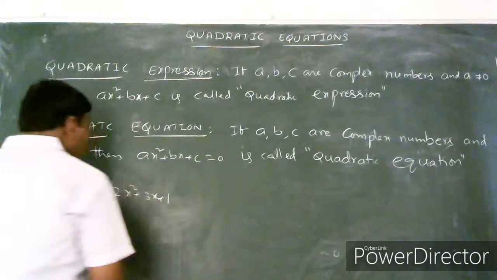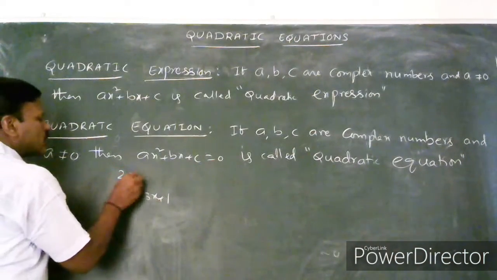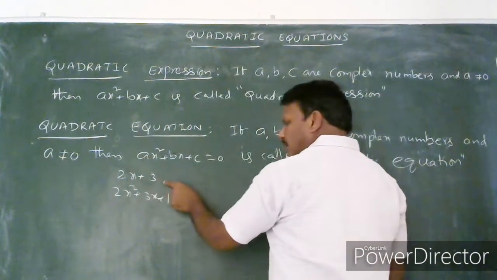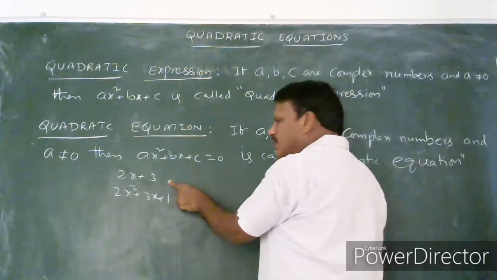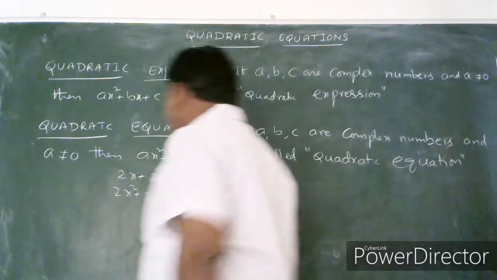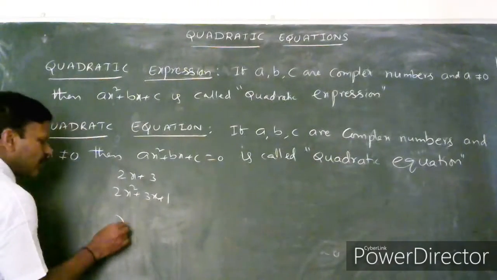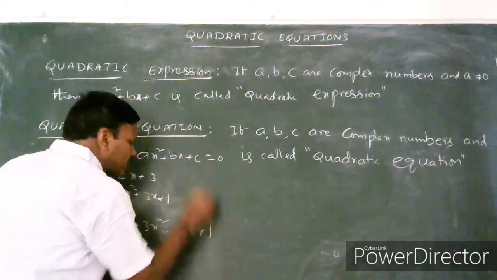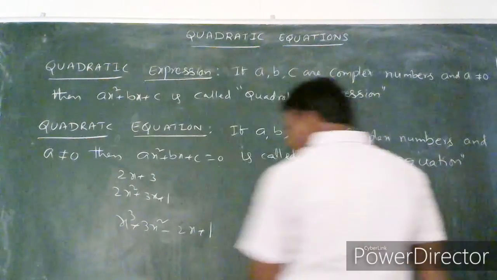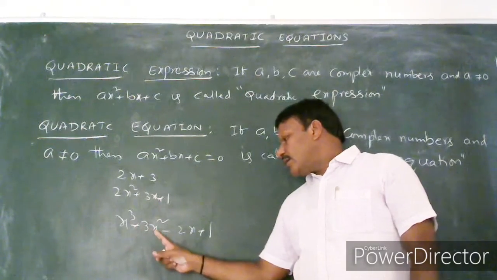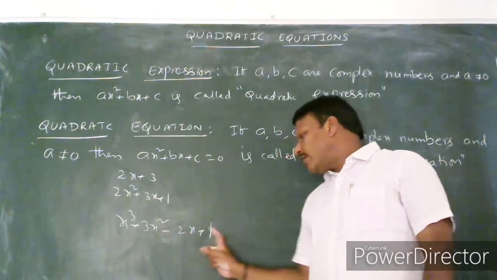Otherwise, suppose 2x plus 3. Here the highest power is 1. It is a first degree expression. Take x cube plus 3x square minus 2x plus 1. When you observe, x cube has power 3, here power 2, power 1, power 0.